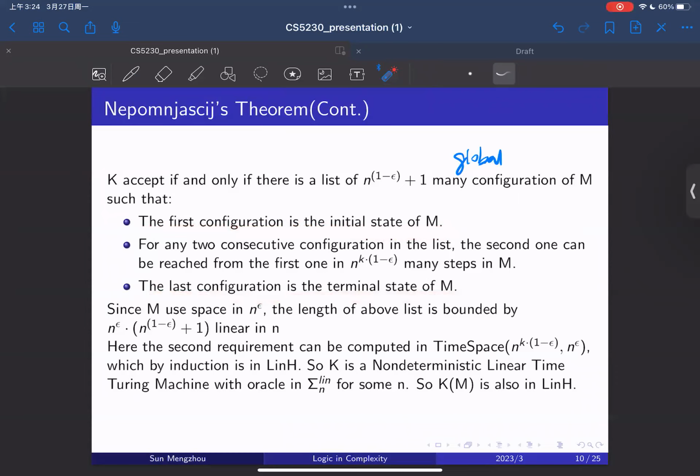And the most important thing is for any two consecutive configurations in the list, the second one can be reached from the first one in n^(k(1 minus epsilon)) many steps.